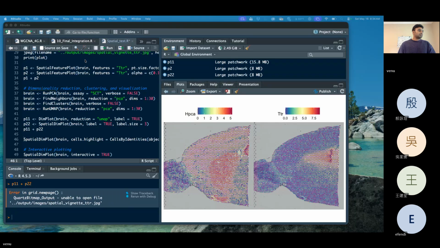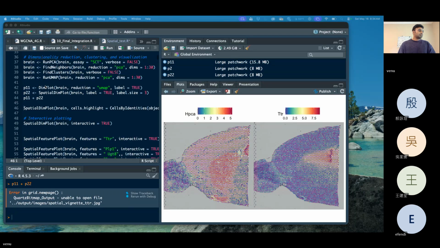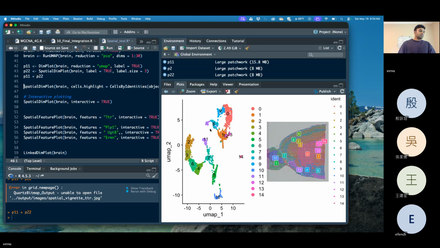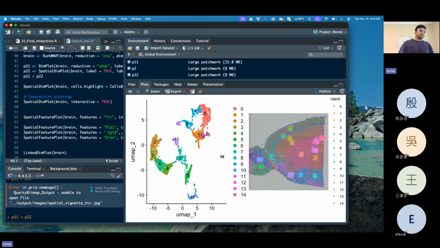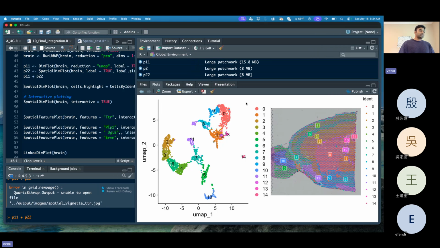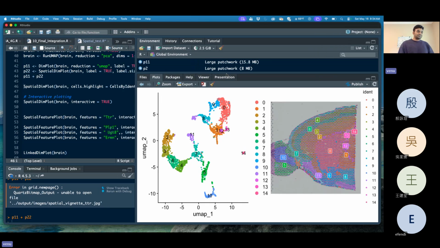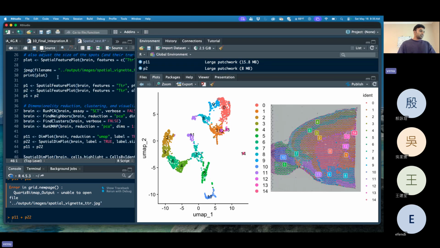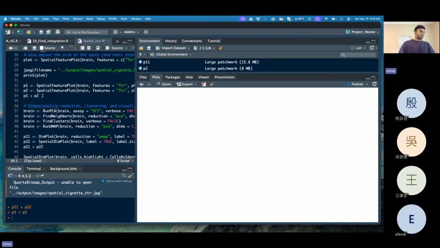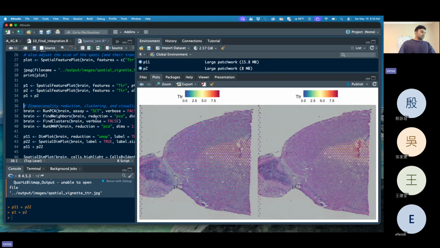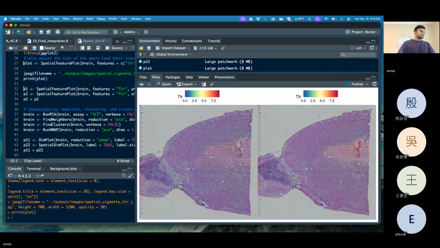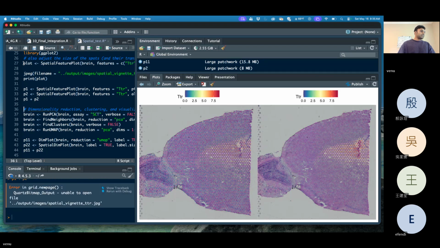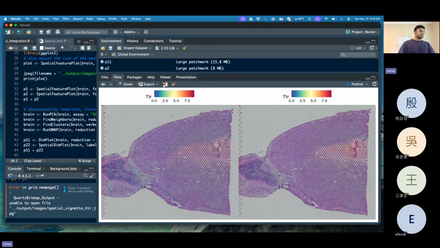Okay, now you can see that is a problem. Sorry, my monitor size is not enough to show the figure size. Let me see where we missed this one. Okay, this is not enough space.